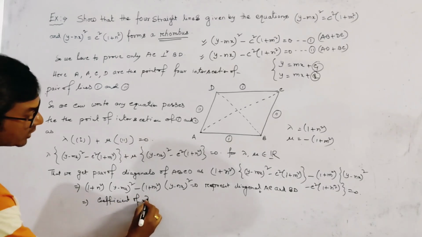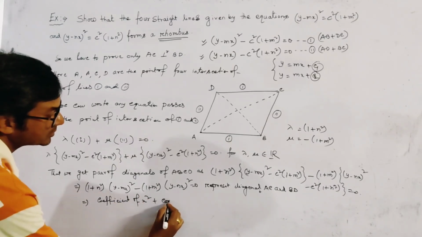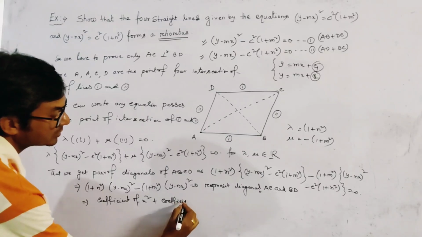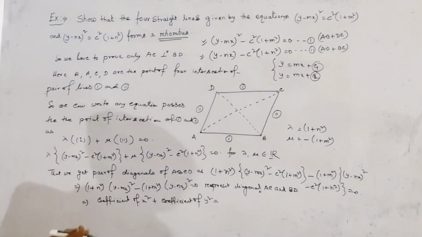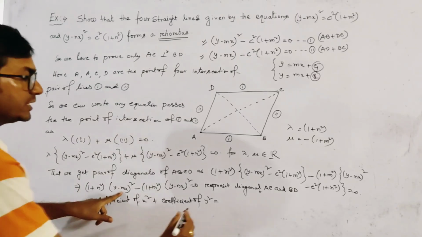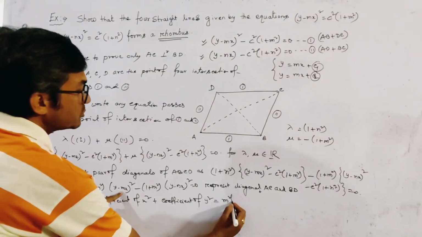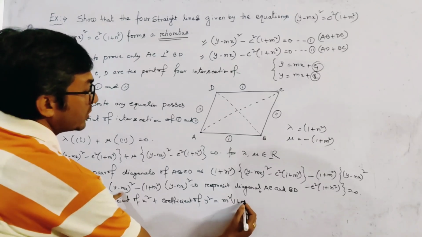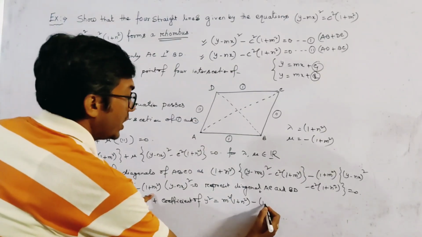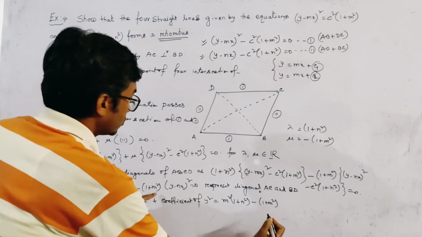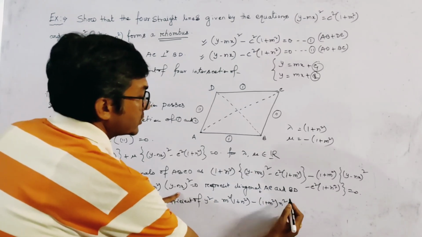Now we find the coefficient of x square plus the coefficient of y square. The coefficient of x square is m square into (1 plus n square) minus (1 plus m square) into n square.